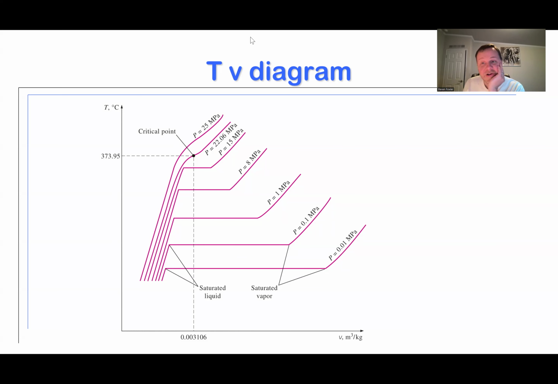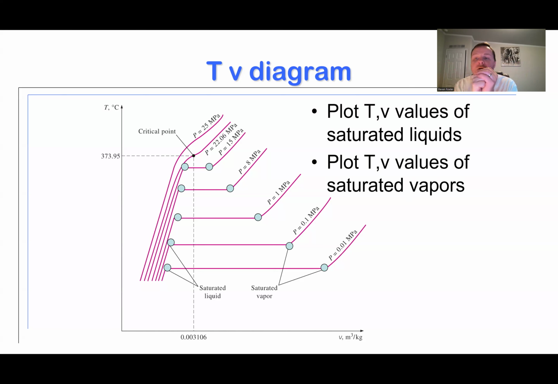All right. So we talked about phase changes. We talked about the critical point on a TV diagram, temperature versus volume diagram. Now, if we were to plot, and again, these are diagrams from our text here, Cengel and Boles, the temperature and volume values for all of the saturated liquid, that's these over here.